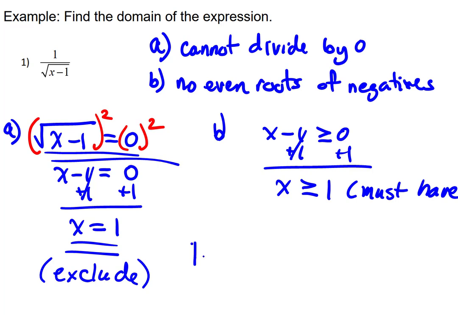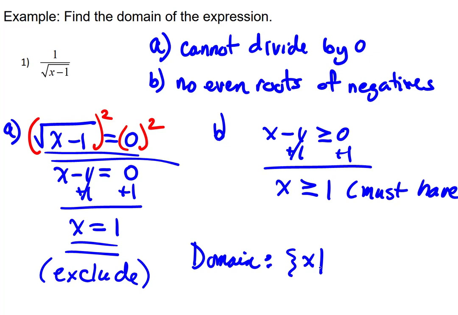Now, our domain has to be the final result when we put both of these considerations together. We're going to use set builder notation, which involves these curly braces. And our first example here will be the set of all x's, and then we put this vertical line meaning such that, or that we're about to describe.